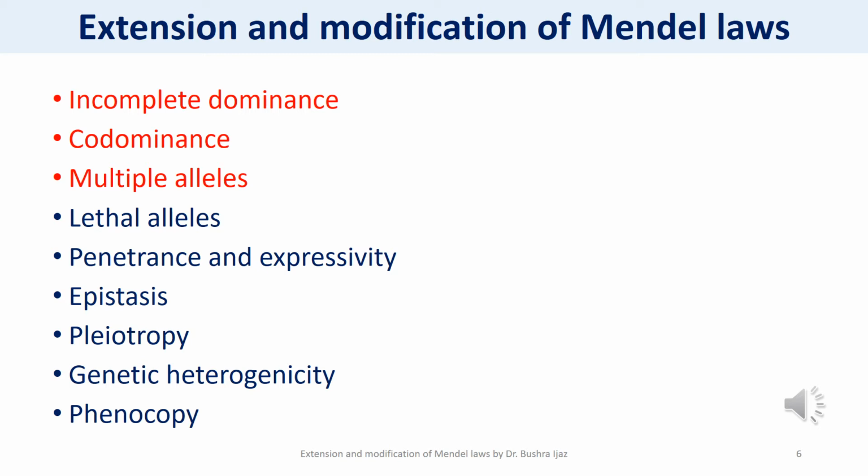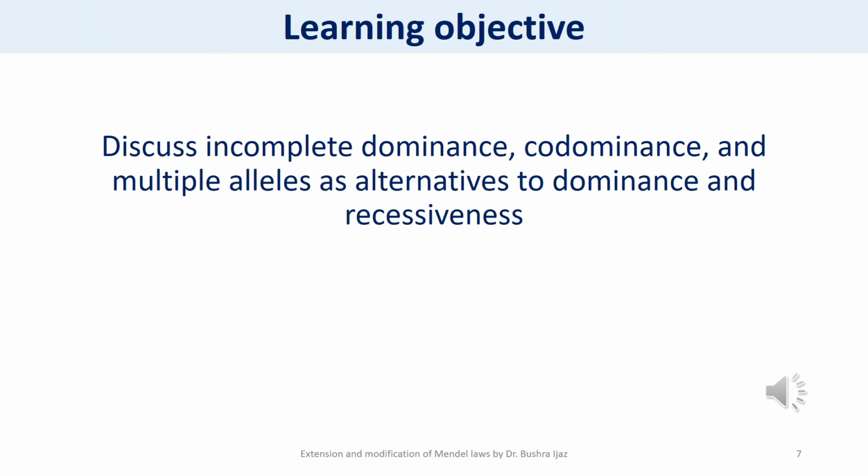As a side note, we are probably lucky that Mendel's genes did not show these complexities, and if they had, it's possible that Mendel would not have understood his results completely and wouldn't have figured out the core principles of inheritance, which are key in helping us understand these special cases. The learning objective of today's lecture is to discuss incomplete dominance, codominance, and multiple alleles as alternatives to dominance and recessiveness.